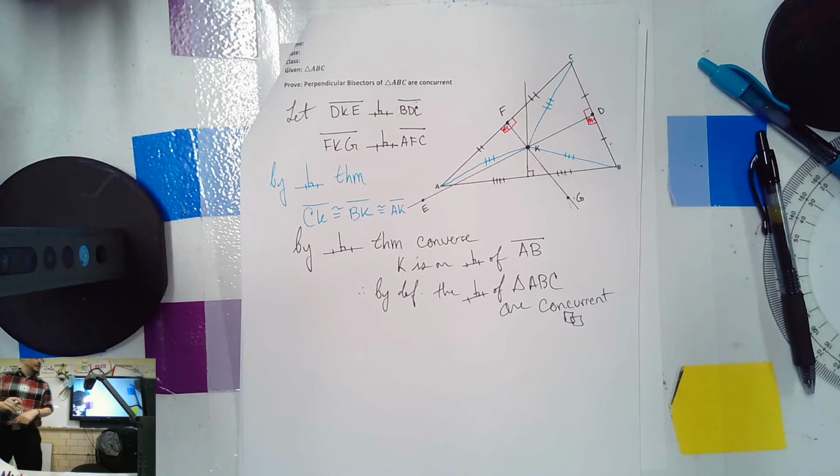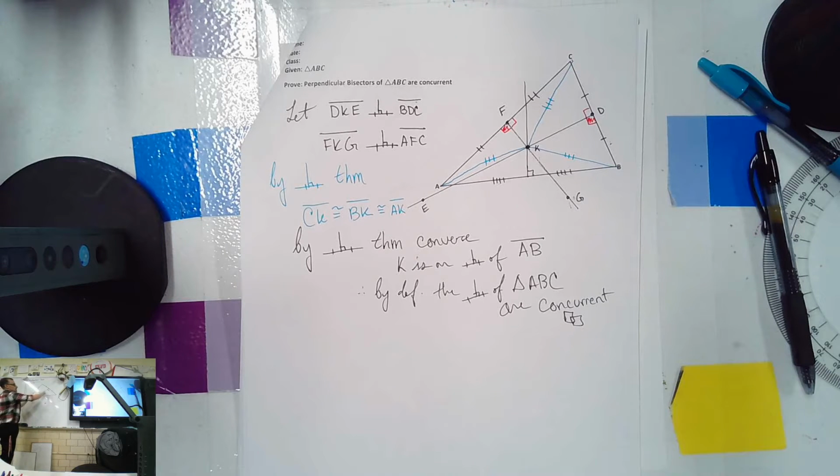All right, so here's my triangle. I'm going to assume this is the midpoint, and that's perpendicular. I'm going to assume this is the midpoint, and that's perpendicular. They intersect at some point, we'll call it K. Because this guy's on this perpendicular bisector, it should be equidistant from those two sides, right?